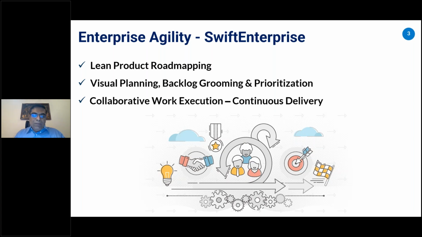Now, the reason why we are focusing a little bit on product road mapping is it is important to define what is actually required, and you need to have a good process, a good method that can be adopted for defining your work, breaking it down to pieces, and then getting it incorporated into your backlog. So we will just focus a little bit on that.